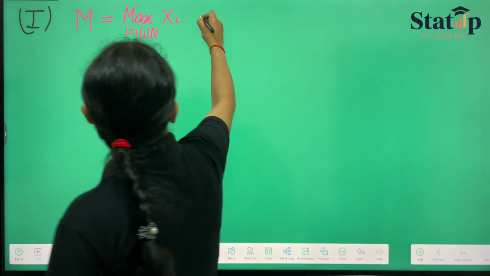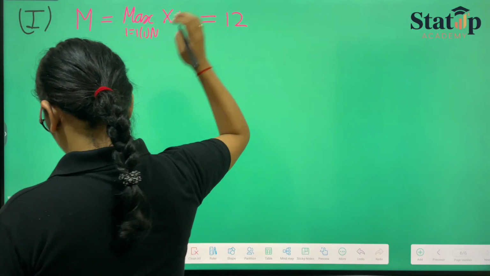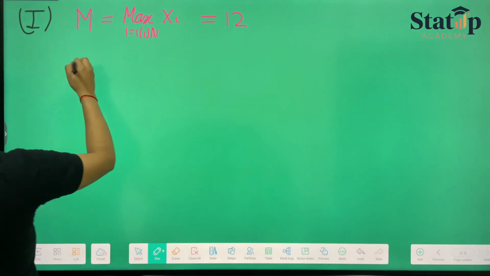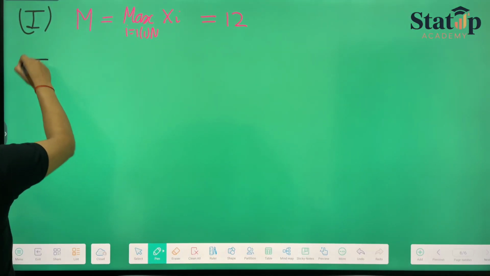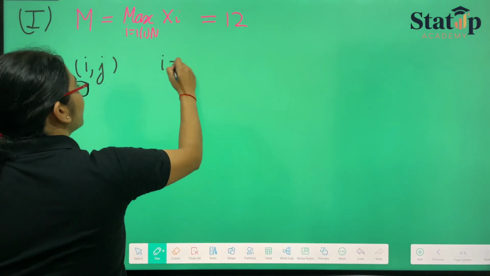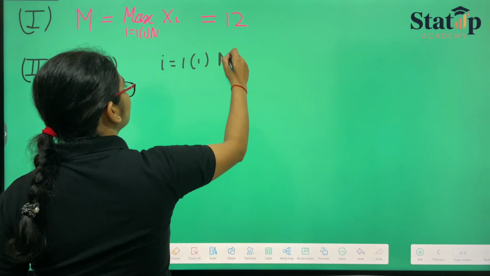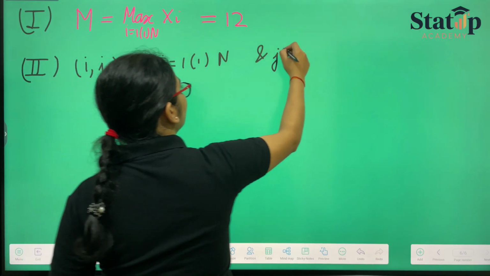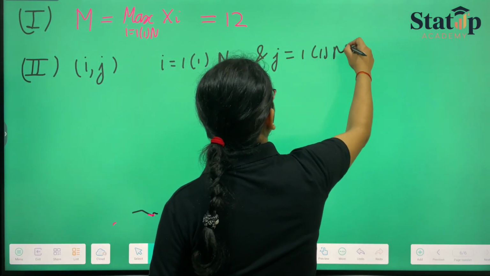So our maximum of xi is 12. Now, second, we have to select a pair i comma j, where i goes from 1 to n and j goes from 1 to capital M.